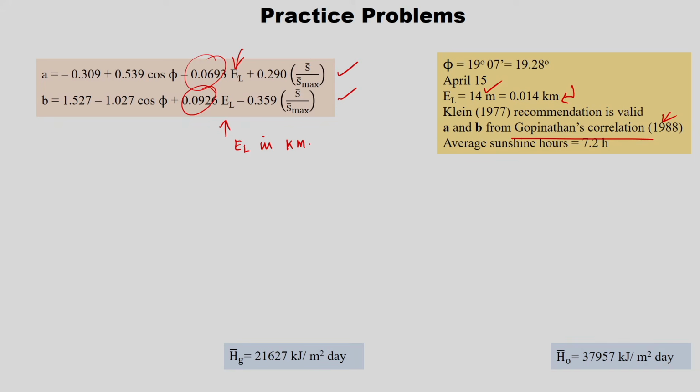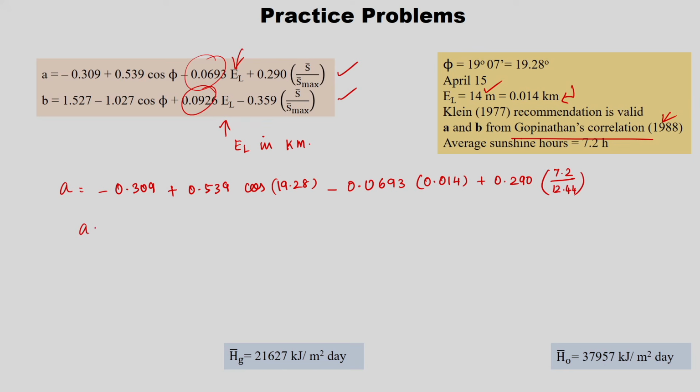So here, if you substitute, A equals minus 0.309 plus 0.539 cos 19.28 minus 0.0693 times EL, which is 0.014, plus 0.290 times S bar, which is 7.2, over S bar max, which is 12.44. So A is coming around 0.3666.